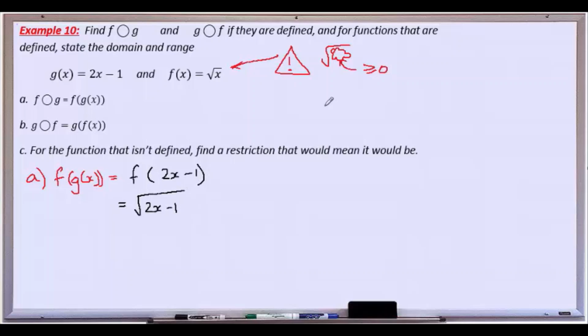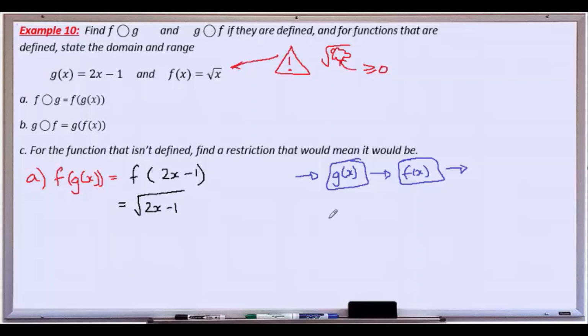Now, remembering that we have a rule here that says the range of g must be a subset of the domain of f, remembering because here we have the g of x machine that has to pump out a number into my f of x machine, and then we get an answer. We need to make sure everything that comes out of here can go in there.